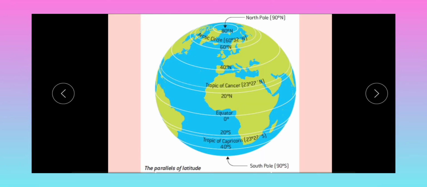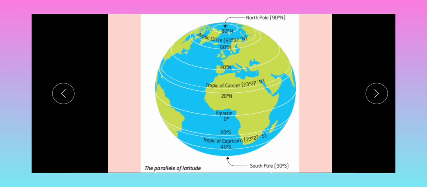Okay, here you can see Maharashtra is near the Tropic of Cancer, at 20 degrees north. So Maharashtra's place is near here, and in the south, Brazil's place is here.